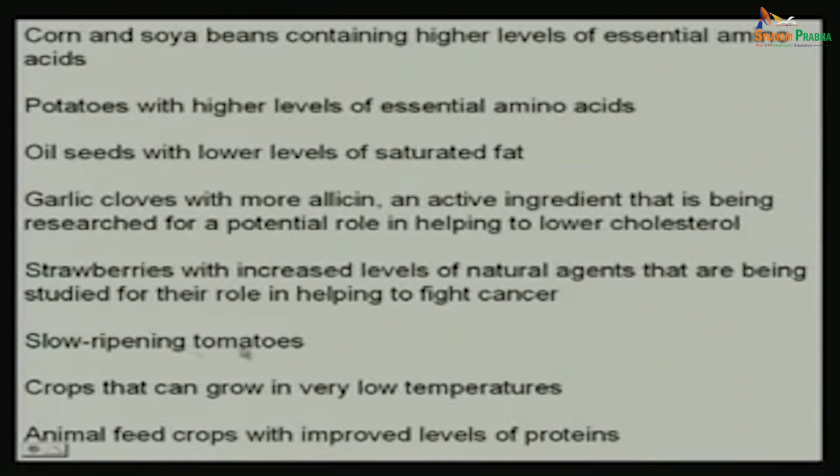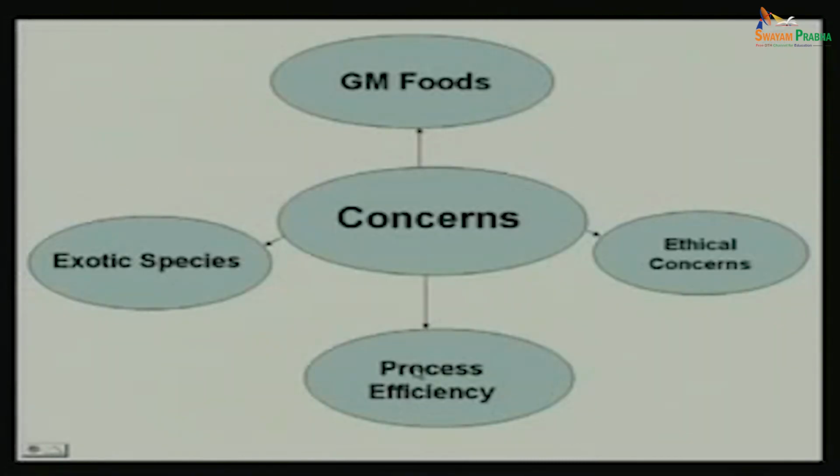Slow ripening of tomatoes, crops that can grow in very cold temperatures, and animal feed crops with improved protein content are already there in the market. Some work has already been done.